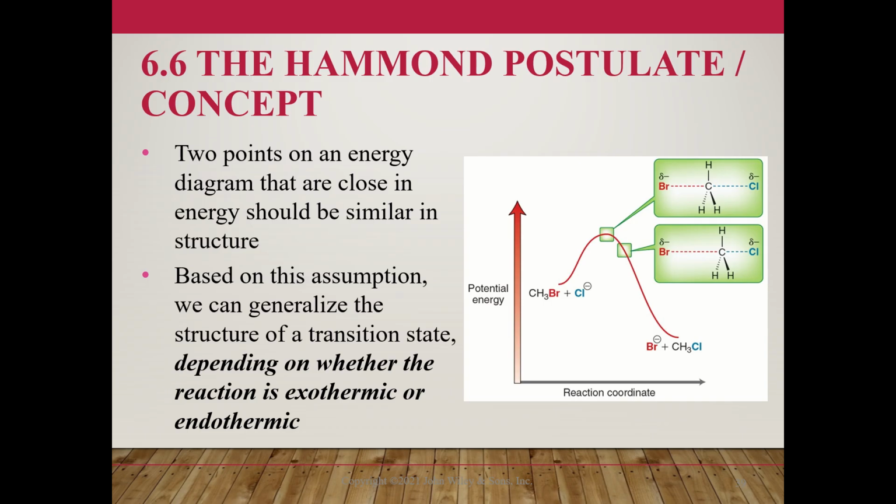Now to one last concept, the Hammond postulate. Two points of an energy diagram that are close in energy should be similar in structure. Based on this assumption, we can generalize the structure of a transition state depending on whether the reaction is exothermic or endothermic.